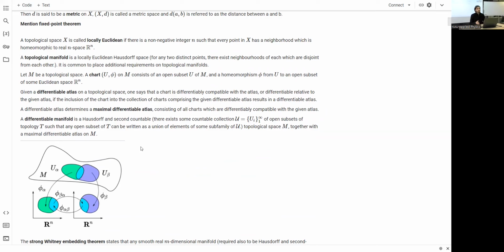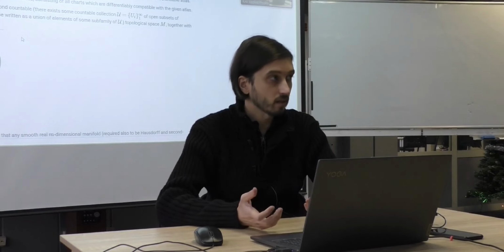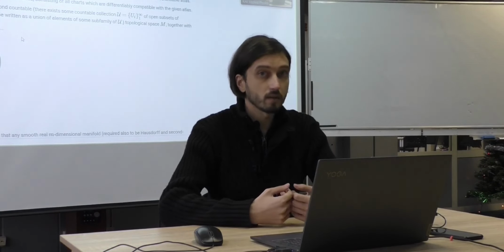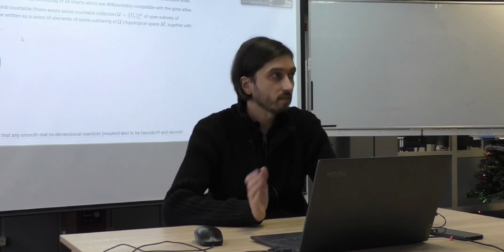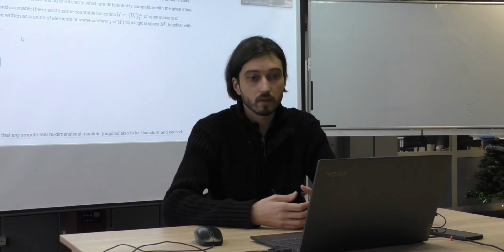But in some sense, if you have a nice topological space, in the sense that every neighborhood of a point looks like the very familiar Rn, we all know what a Euclidean space is. We live in Euclidean space in some sense, and that's the simplest space we can think about.